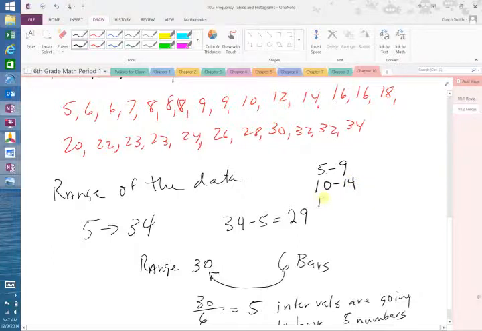Then 15 to 19 would be our third interval, 20 to 24 would be our fourth interval, and 25 to 29 would be our fifth interval.